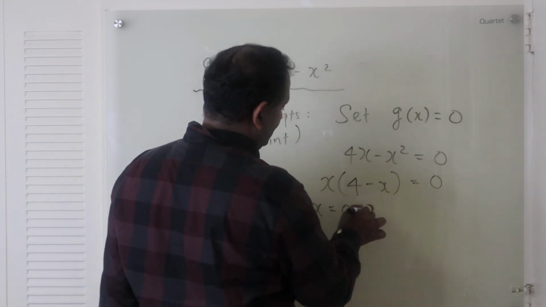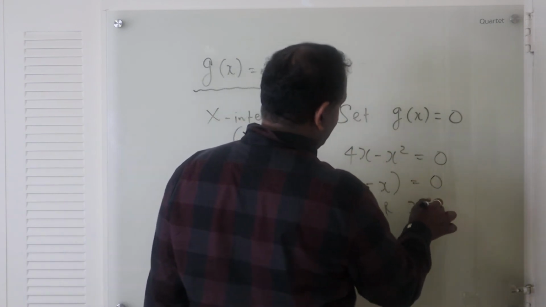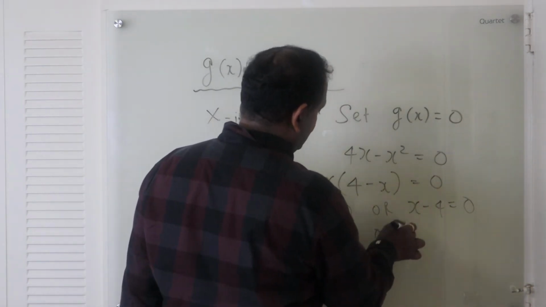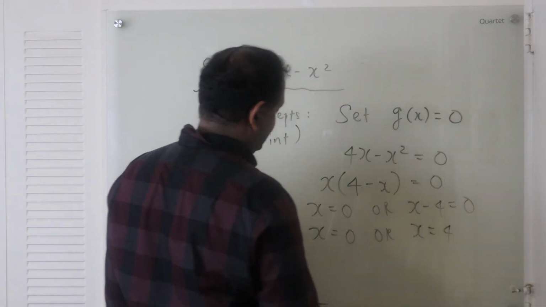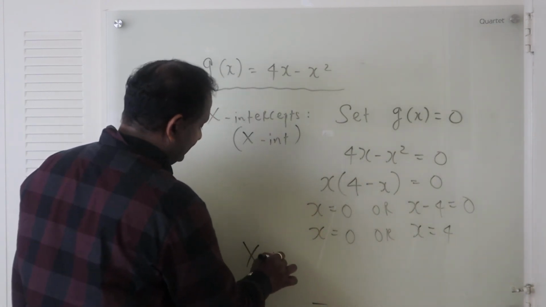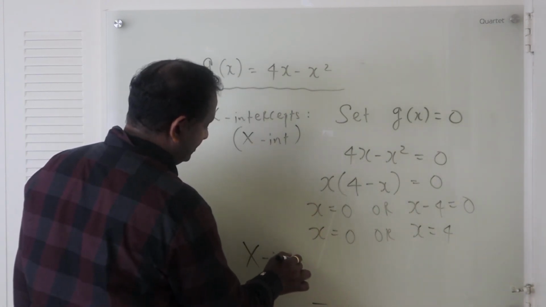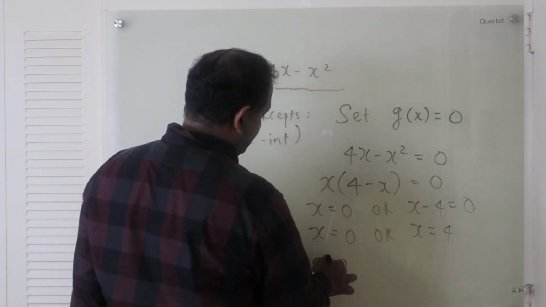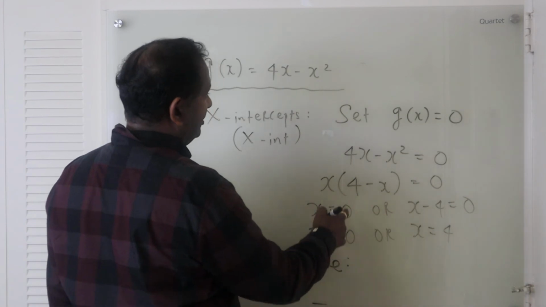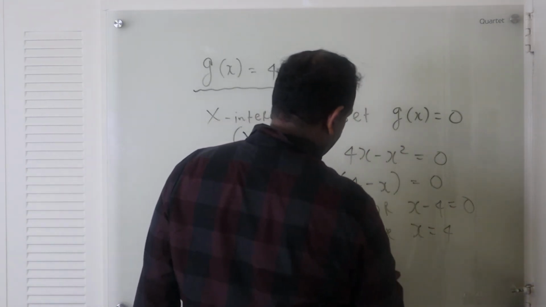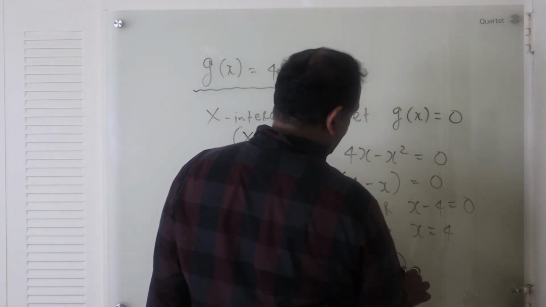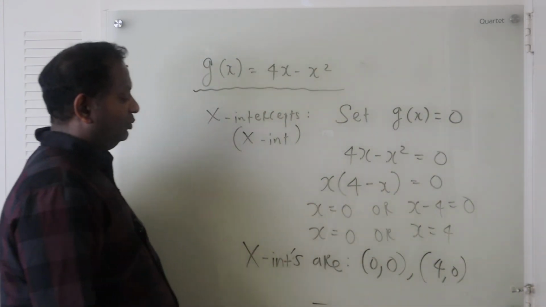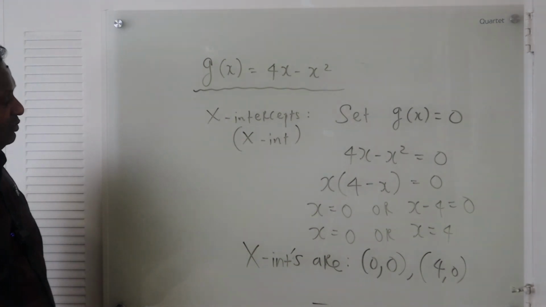Then x equals 0, or x equals 4. Therefore, the x-ints are (0, 0) or (4, 0). There are two x-intercepts for g of x.